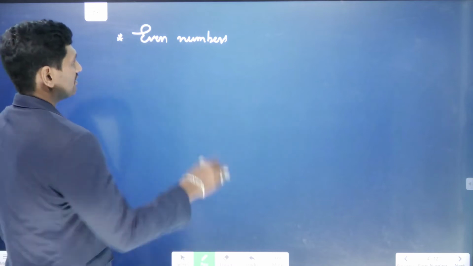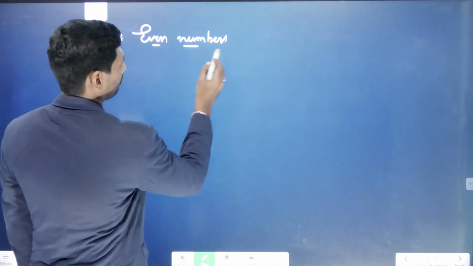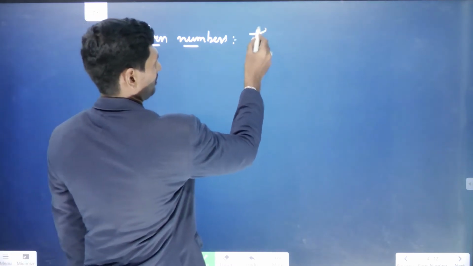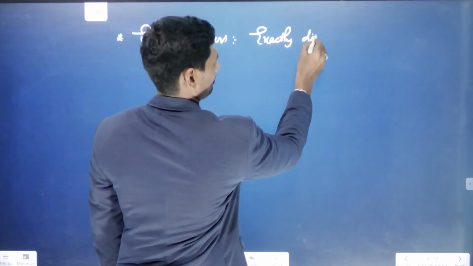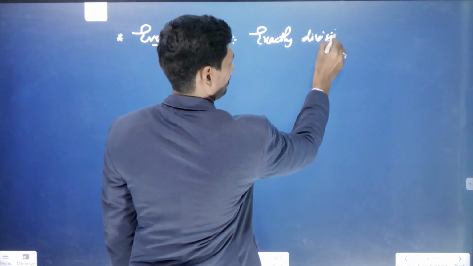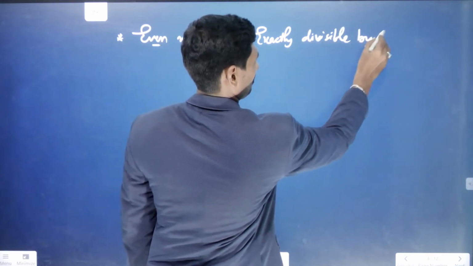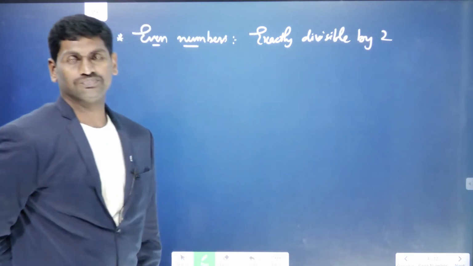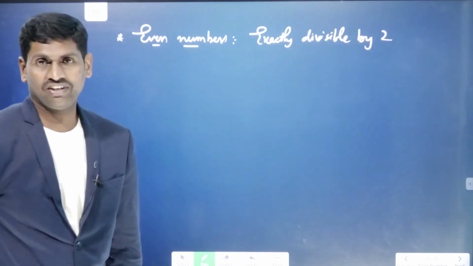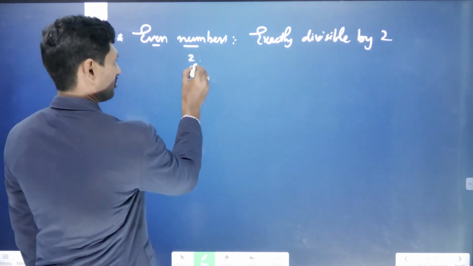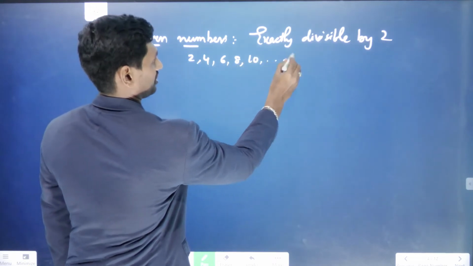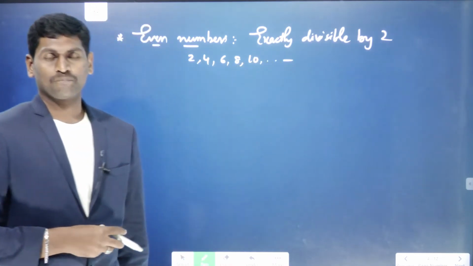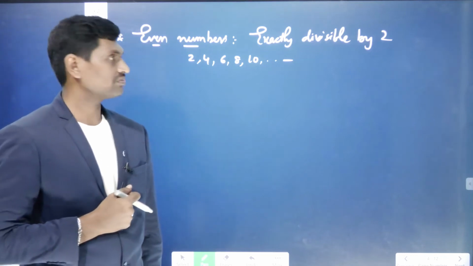So the numbers which are exactly divisible by 2 are called even numbers. Example, 2, 4, 6, 8, 10 and so on. 2 tables simply. So the first even number is 2.